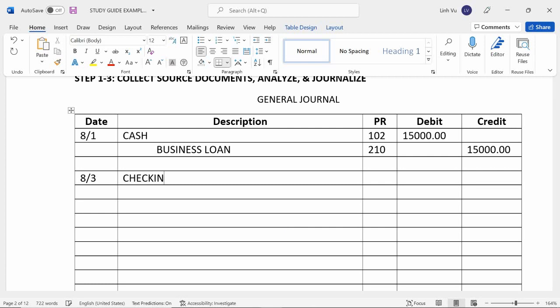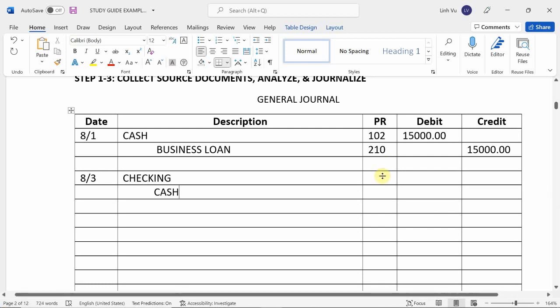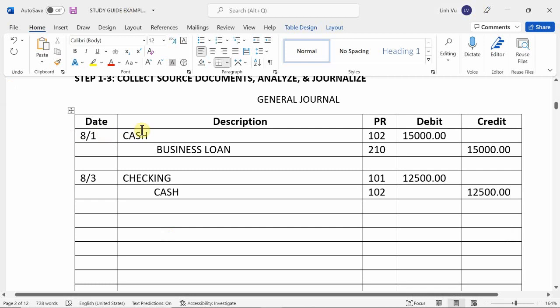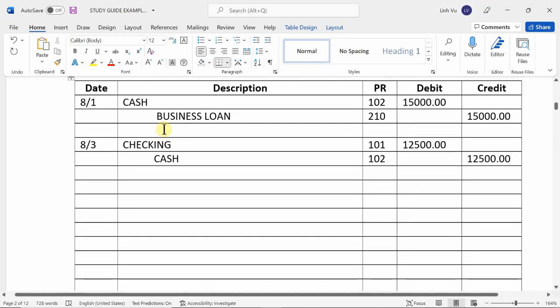You increase your checking account and you decrease the amount of cash you have available on hand, for $12,500. Again, if you want descriptions, I don't care if you do or not, but I'm not testing you on whether you do the descriptions or not.